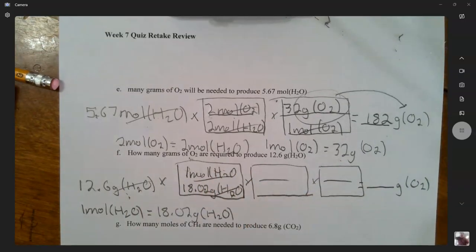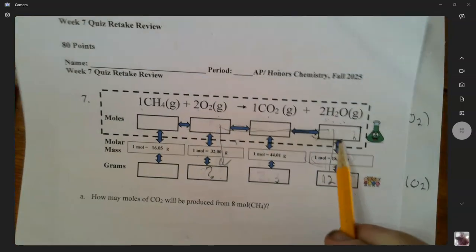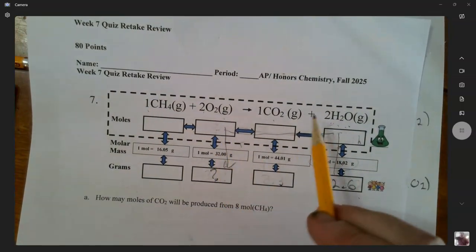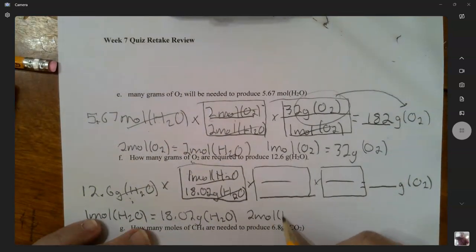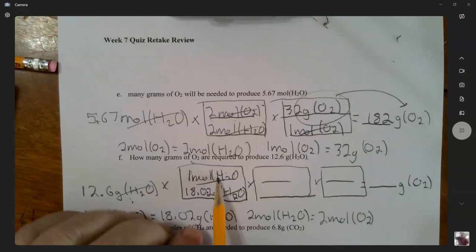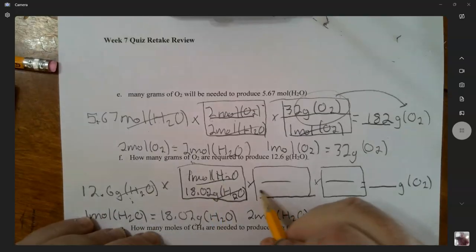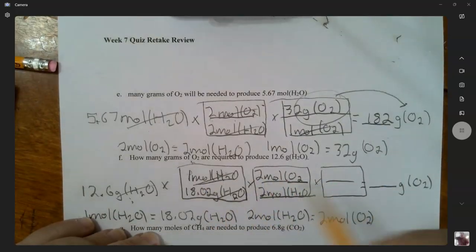Now we're sitting in this box right here, and we need to get over to here. So it's 2 moles H2O equals 2 moles of O2. We have H2O up here, so we need H2O down there. Moles of H2O cancels and cancels.